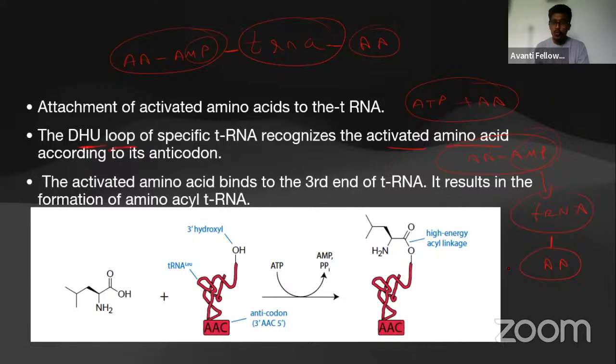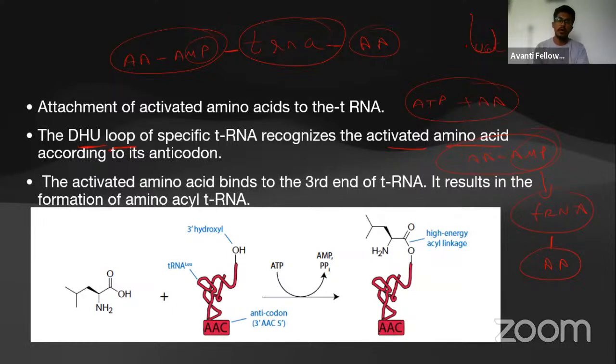How does it recognize a specific activated amino acid? Let's say that we have a tRNA, and in the tRNA, we have something called the anticodon loop. What is this anticodon loop? A codon is something present on the mRNA, and the anticodon is the code that is opposite to this code. Let's say that it is UGC or something like that.